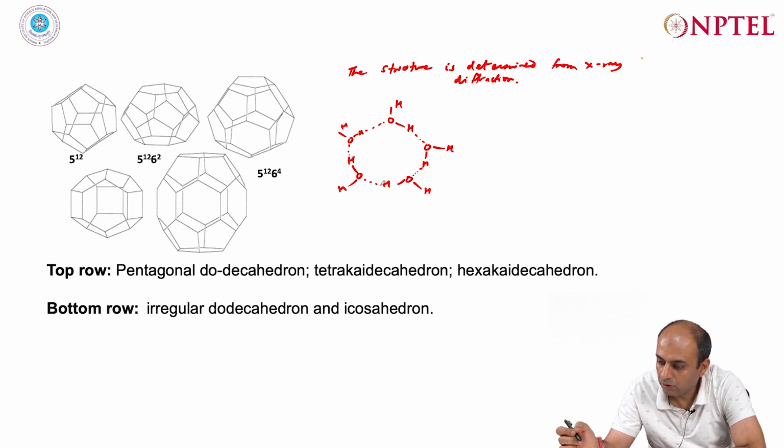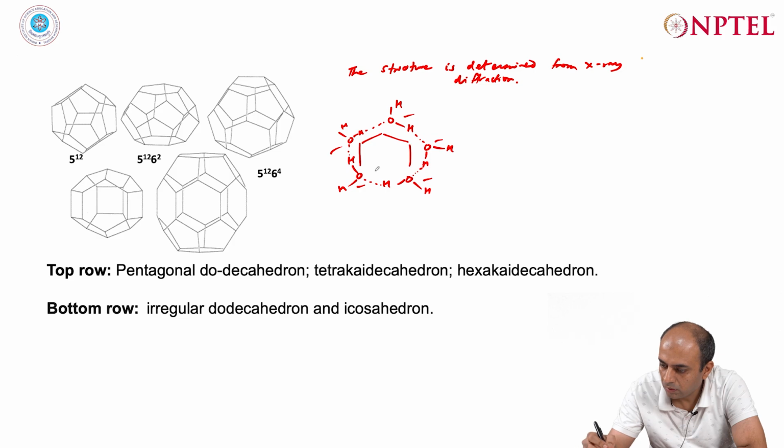So we have got this 1, 2, 3, 4, 5 membered ring. So you can essentially approximate it to be, this is a linear OHO hydrogen bond. So this is a 5 membered ring.